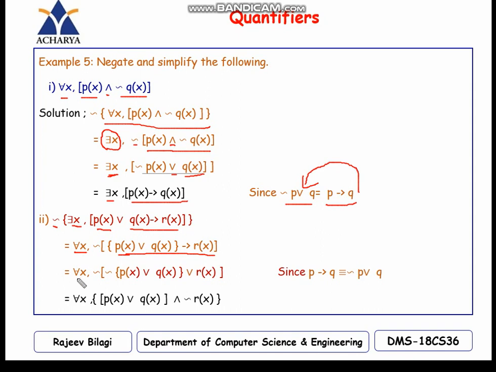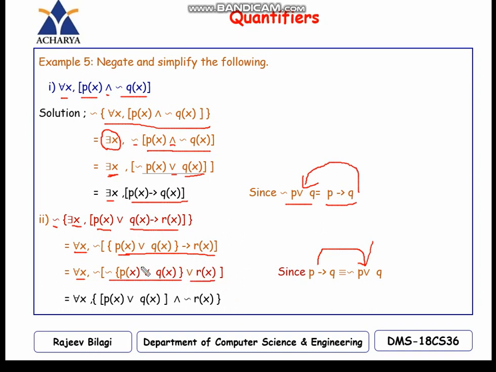For all x, that remains the same. I have not taken the negation inside yet. Negation of this, which is of the form P then Q, is negation of P or Q. So negation of P of x or Q of x, then R of x.